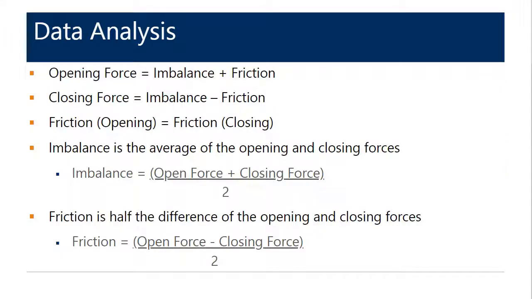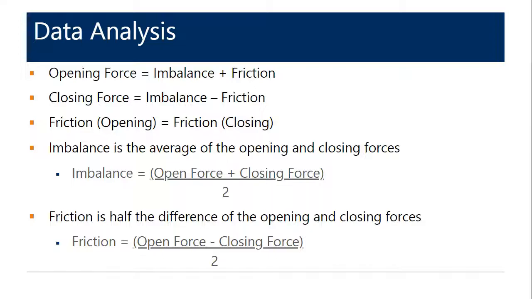Span imbalance is calculated based on the fundamental principle that span imbalance acts in the same direction during opening and closing of the span, whereas friction always opposes the direction of motion. This results in these fundamental equations: the opening force is equal to imbalance plus friction, and the closing force is equal to imbalance minus friction.